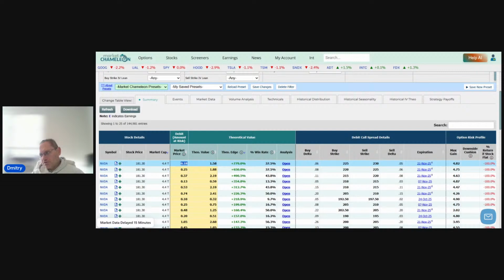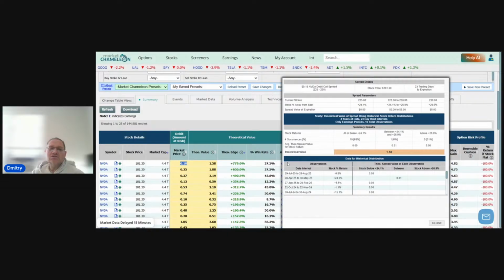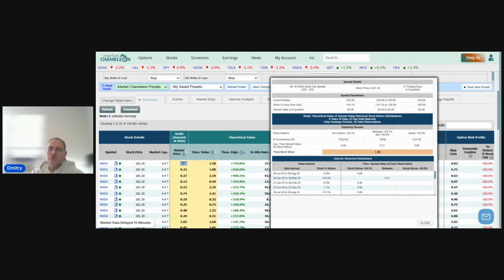Okay, so you could have had 9 times it didn't work out and 1 time it did, right? But the average worked out. So we could open this up and take a look at this analysis. So you could see here, these are the historical earnings moves, if we compared historically how it did.